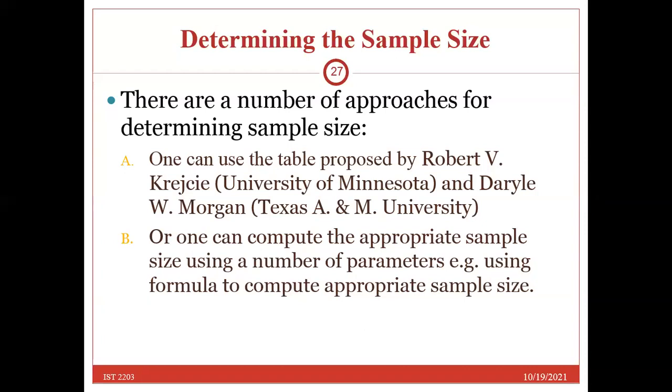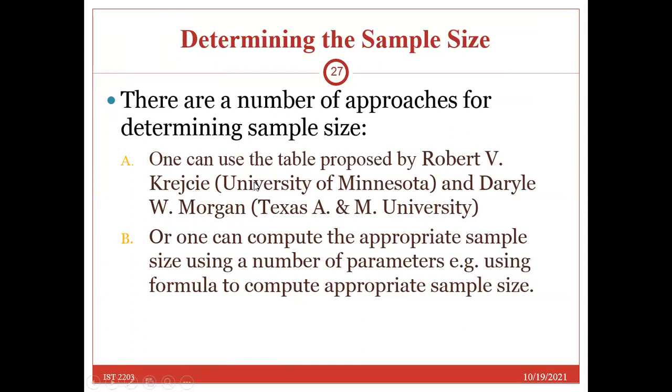So, what is the sample size? The sample size is how many of the population are going to be part of the sample. That's what it is. How many of the population will be part of the sample. And there are two ways of determining the sample size. One is a very simple method of just using a table proposed by Krejcie and Morgan.